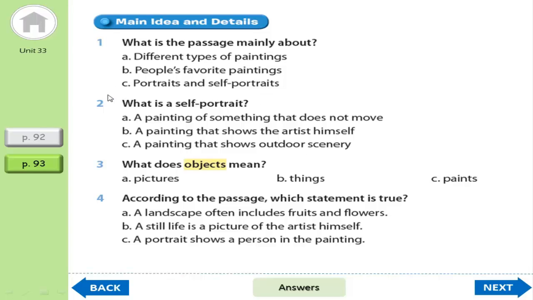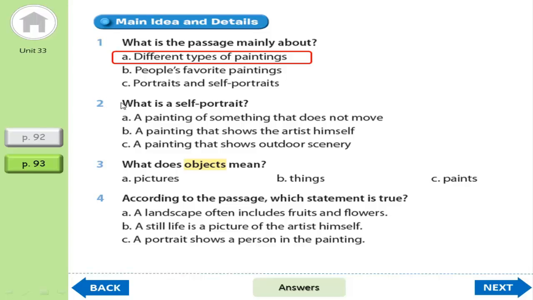So we have three answers, but the most important idea of the passage is only one. Which one do you think is the correct answer? Okay, so the correct answer is letter A, different types of paintings.